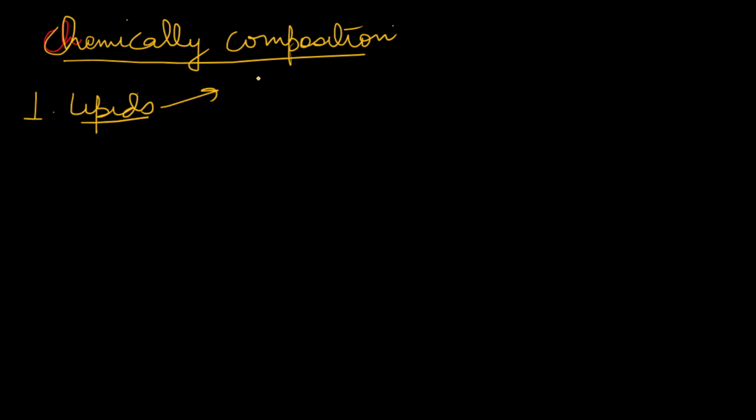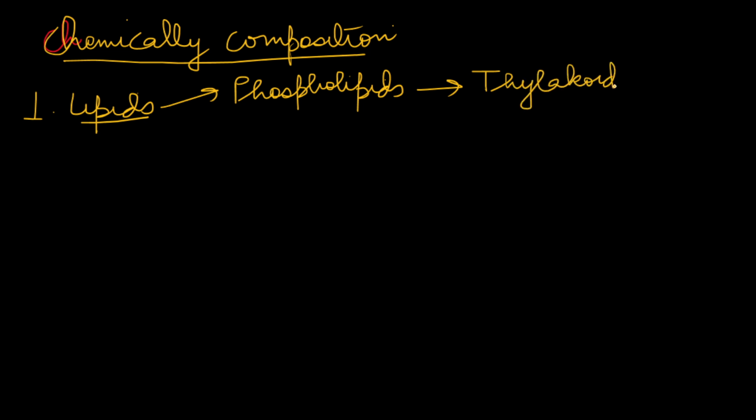In lipids we have phospholipids. These phospholipids are found in the thylakoid membrane and also in the outer and inner membrane.